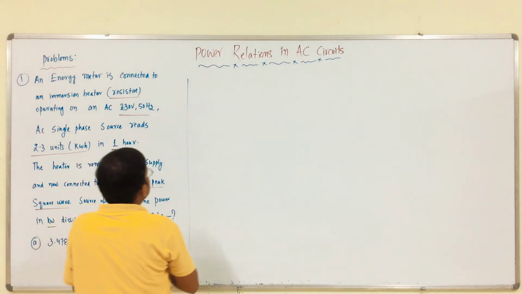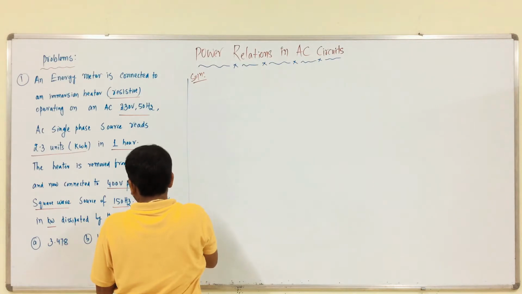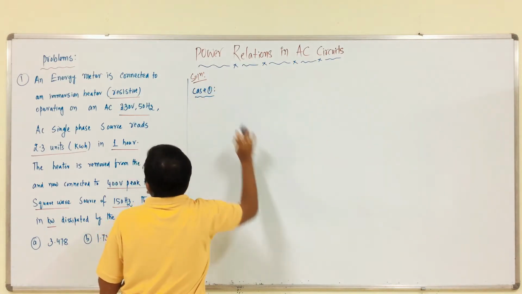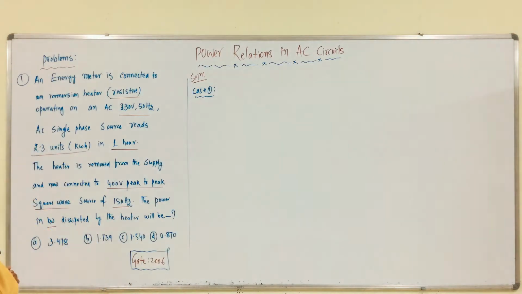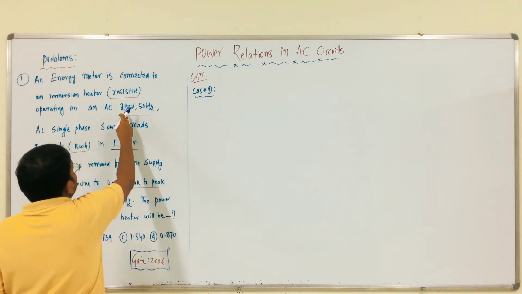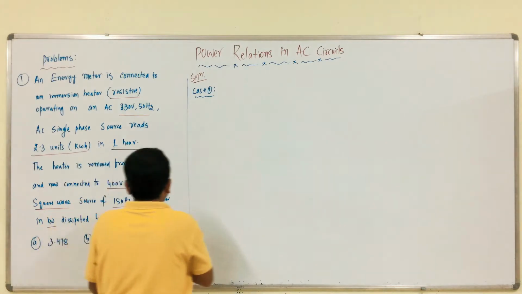First we have to discuss case 1. What is case 1? The given data: the voltage is RMS voltage. Here the examiner did not mention anything, so by default it is RMS.